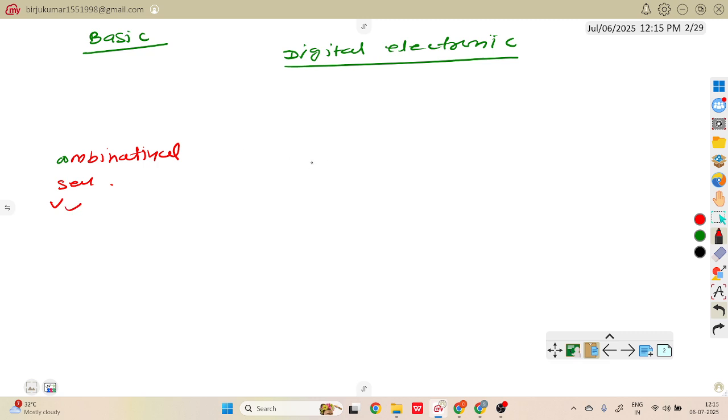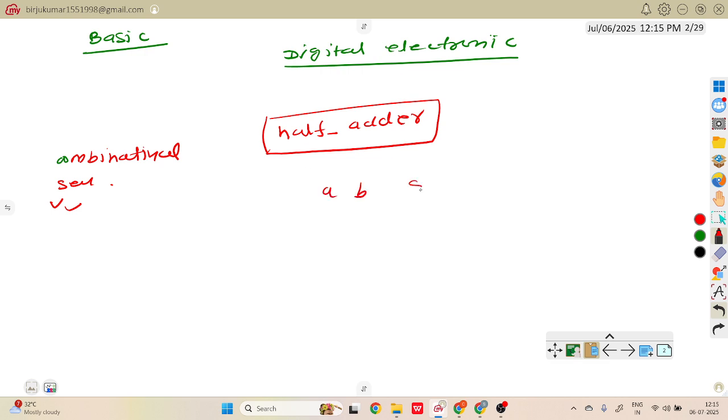I am giving one example. While you are taking the Verilog HDL course, suppose you already have an idea of the half adder. In digital electronics, you already know the half adder. The half adder is used to add two one-bit numbers, and there are two outputs, sum and carry.